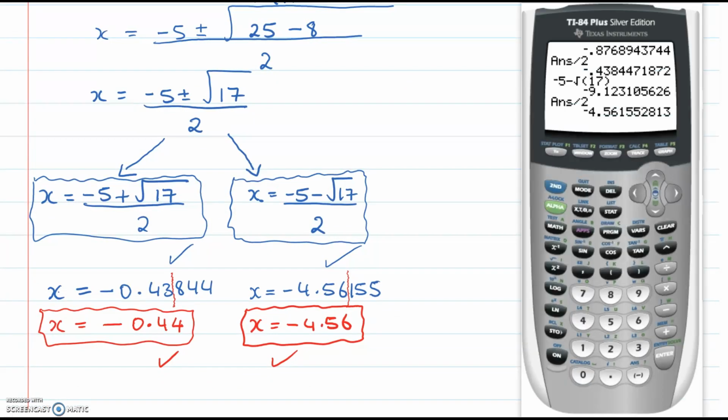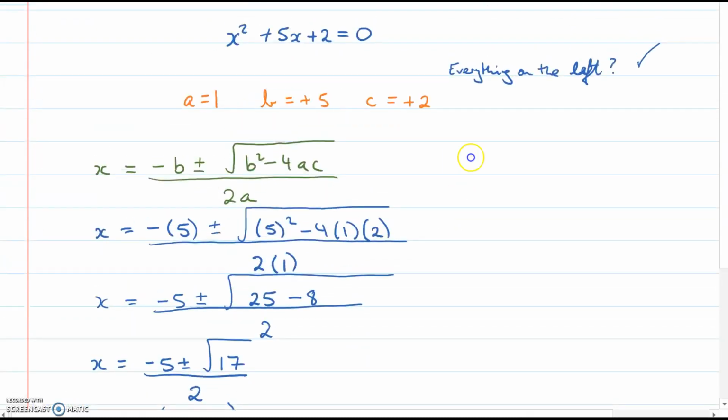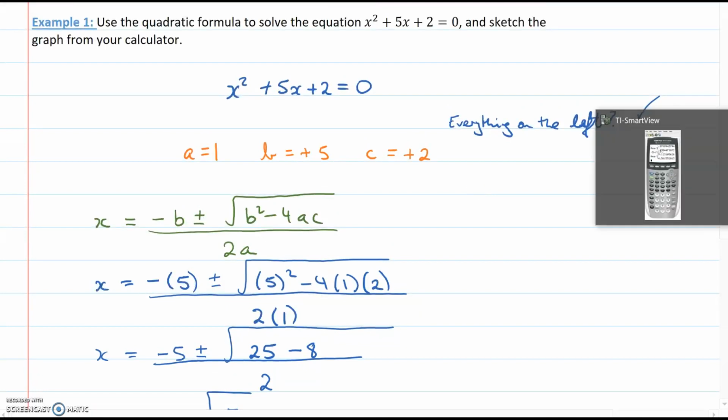You can use the zero function on your calculator to do this, or you can do it the way we showed you earlier in this course, and that is to go into the y equals. Let's go back for 1 second to remember what the equation is: x squared plus 5x plus 2.